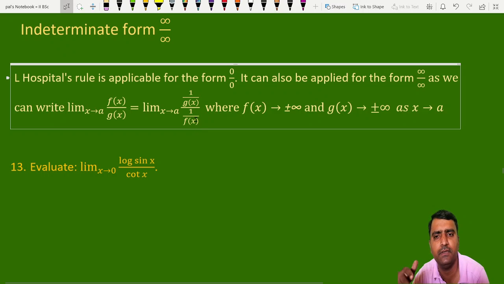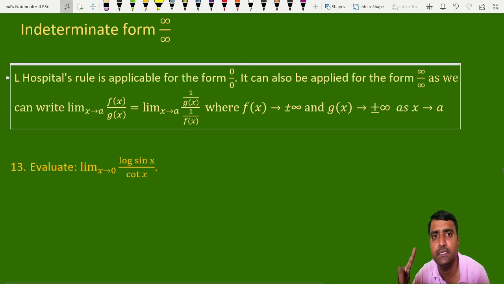Now, 1 by g of x means 1 by g of a, which is 1 by infinity, and that takes 0. Again it takes 0 by 0, that means we can express this infinity by infinity form as 0 by 0 form. For this reason, to the indeterminate form infinity by infinity also, we can apply the L'Hospital rule.